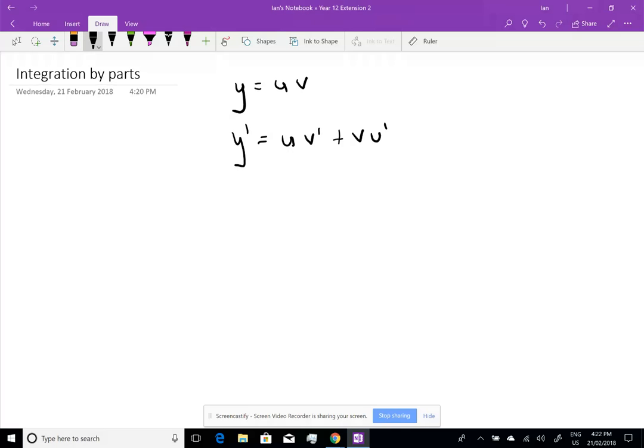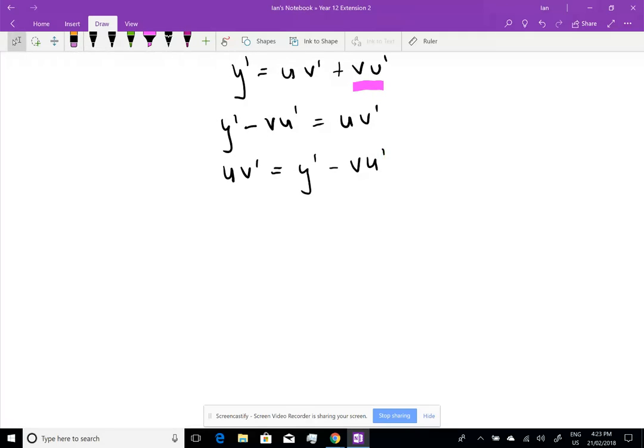What I'm going to do is take this over the other side, and I'm going to get y dash minus v u dash equals u v dash. I'm just going to rewrite this. So u v dash equals y dash minus v u dash.